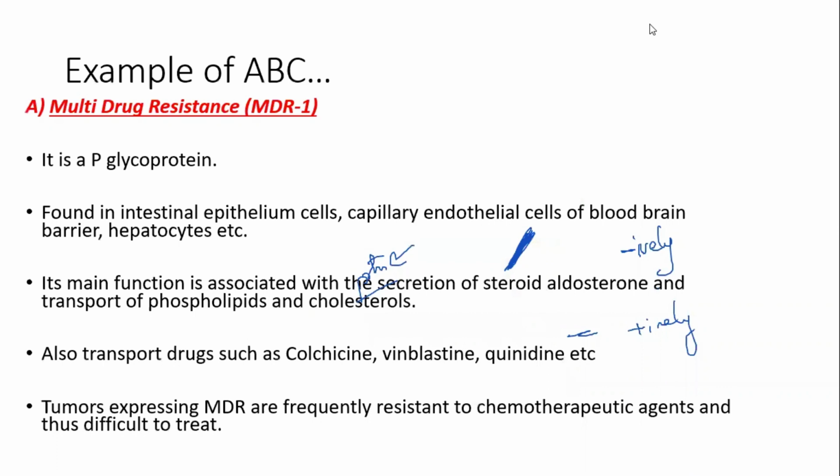Now we'll go with the example. Multidrug resistance. It's a kind of P protein, P glycoprotein. Now, when I say P glycoprotein, what is the meaning of it?